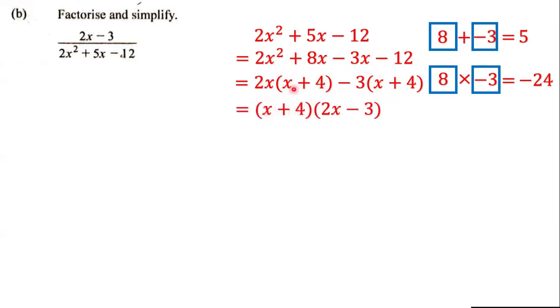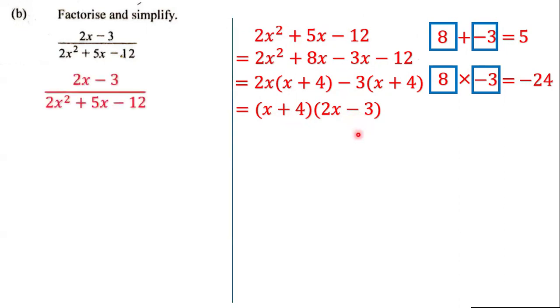We are left with 2x minus 3. So the factorized form of 2x squared plus 5x minus 12 is x plus 4 multiplied by 2x minus 3.